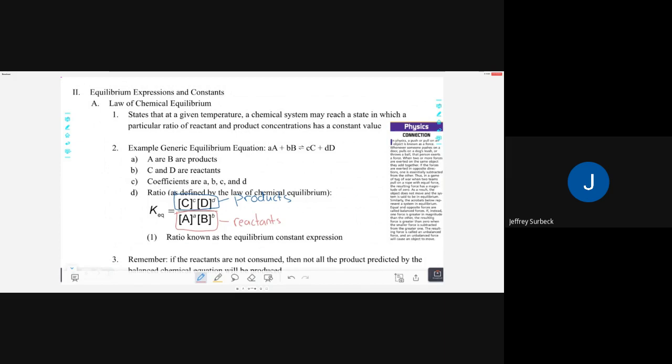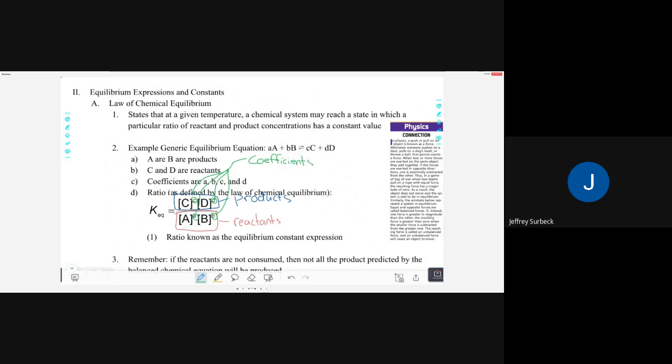Then, what's really nice about equilibrium is this. I'm going to circle in green. Circling in green are powers. Those are those little letters that come from the equations. So the powers are simply the coefficients from our balanced chemical equations.